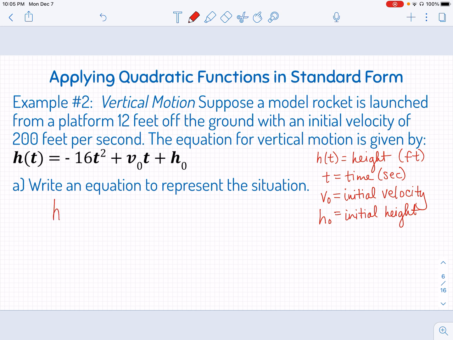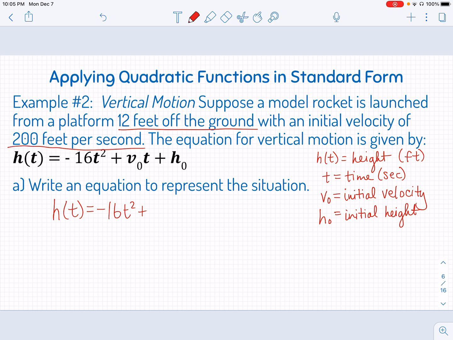So I'm going to get h of t equals negative 16 t squared plus, let's look, model rocket is launched from a platform 12 feet off the ground. So I know that's my initial height, with an initial velocity of 200 feet per second.